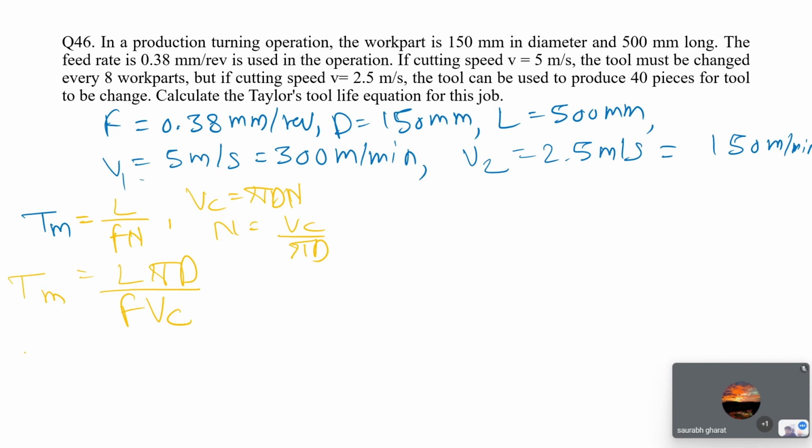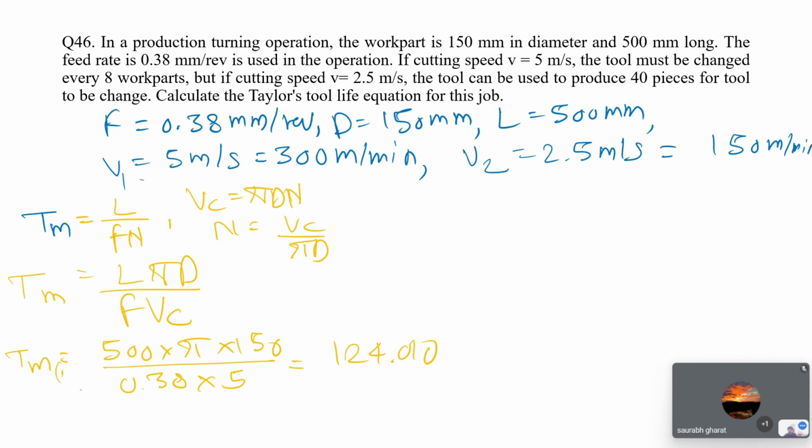So what is your time here? Now calculate. L you have 500. You have pi, yes. You have d, yes, 150. You have f, 0.38. What else you have? Vc, pi for first. So it will be 124.010.